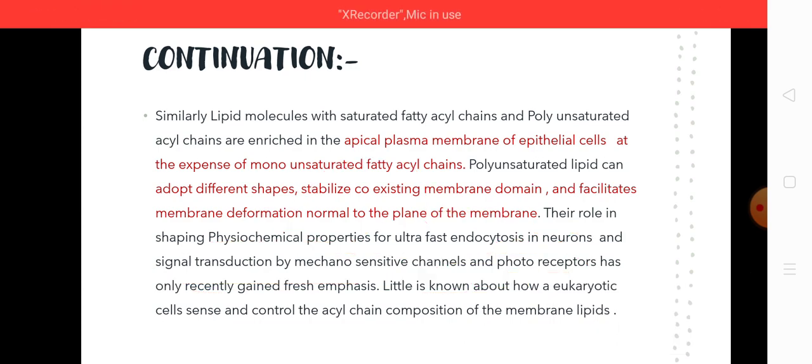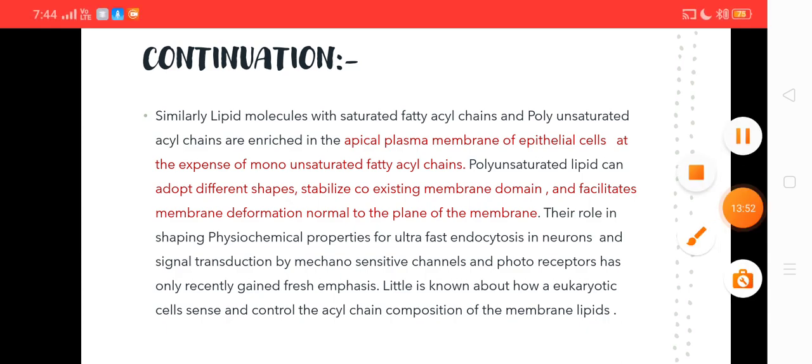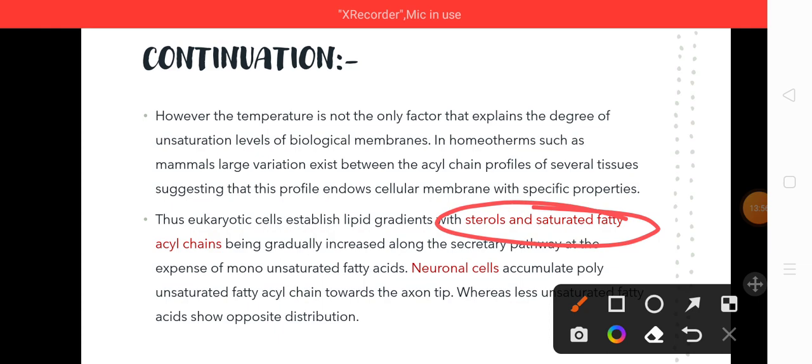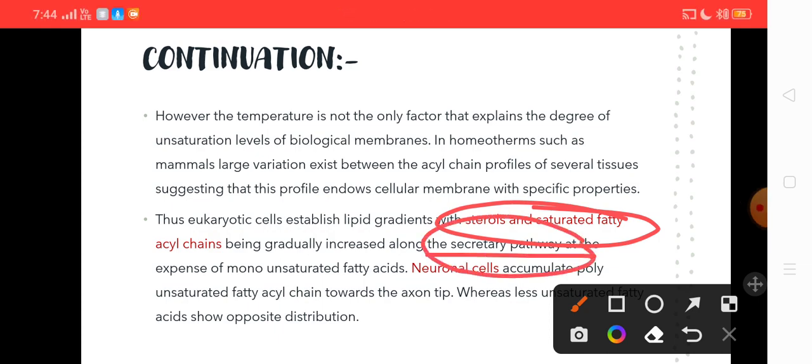That is how, depending upon the function of the cell, the amount of unsaturation changes. For example, here you can see that sterol and saturated fatty acid chains exist in the secretory pathway because they play an important role in the secretory pathway. So in those cells involved in the secretory pathway, you may find an increased amount of sterol and saturated fatty acid.